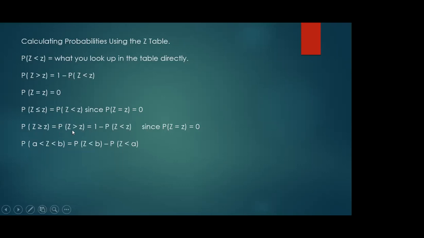So the probability that Z is greater than z is equal to 1 minus the probability that Z is less than z, because remember that our normal distribution table gives everything that is to the left. The probability that Z is greater than A but less than B is equal to the probability that Z is less than B minus the probability that Z is less than A.